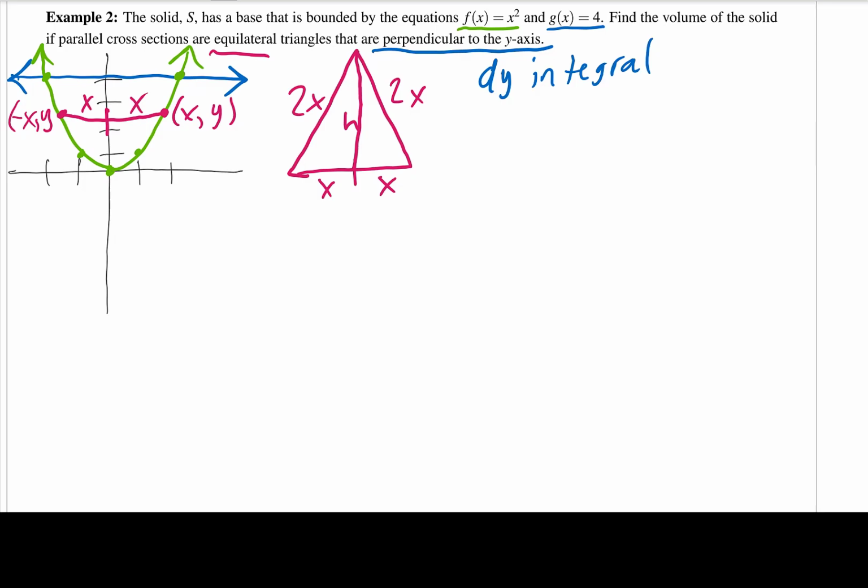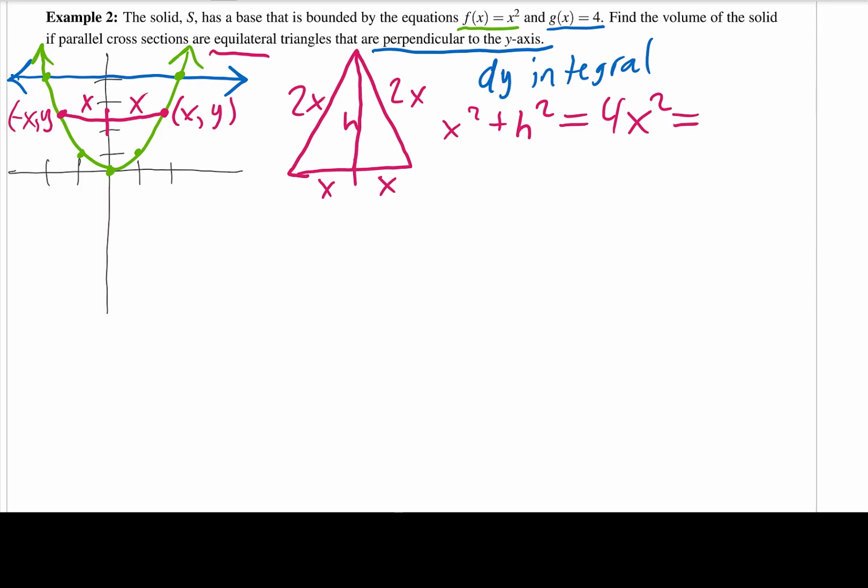So what I'm going to go ahead and do is write that x squared plus h squared is equal to 4x squared, right? And that's using the Pythagorean theorem on one of our smaller triangles inside this big triangle.